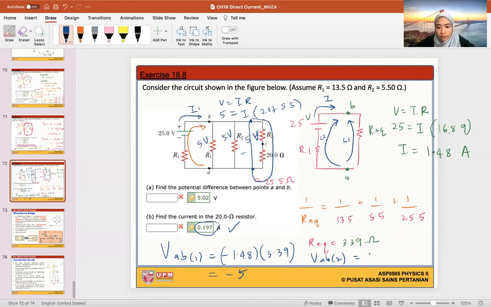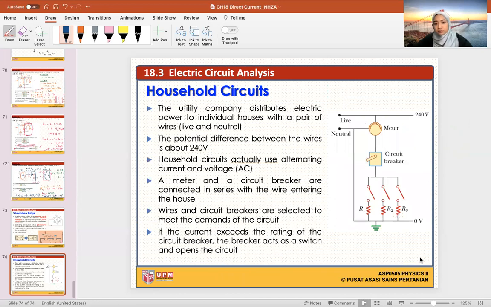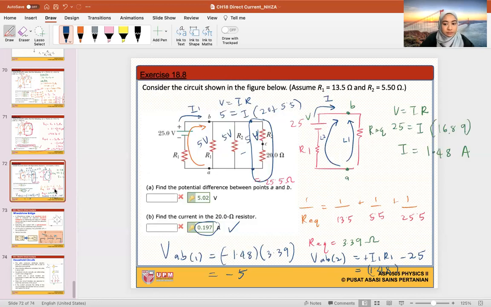So my I1, R1 is positive, because it flows in the same direction as my line. And then this guy, I see the negative terminal, so it's a minus 25. So I already know my I1, right? I1 is 1.48 times R1.